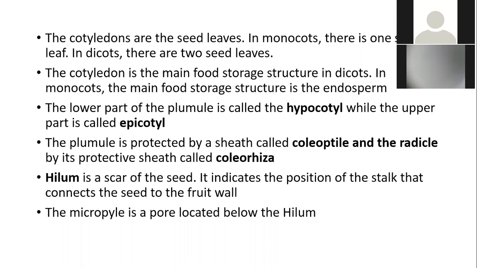So a seed has just one scar, the point of attachment from itself to the walls of the fruit. Now, below the hilum is the micropyle. So the micropyle is the pore located below the hilum.